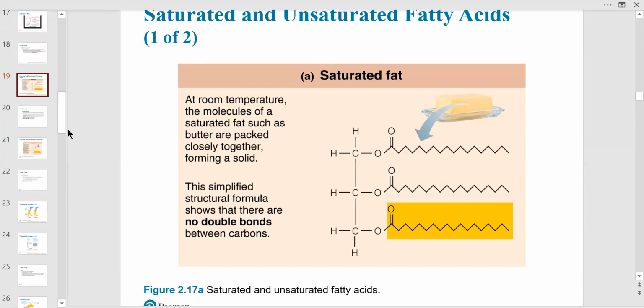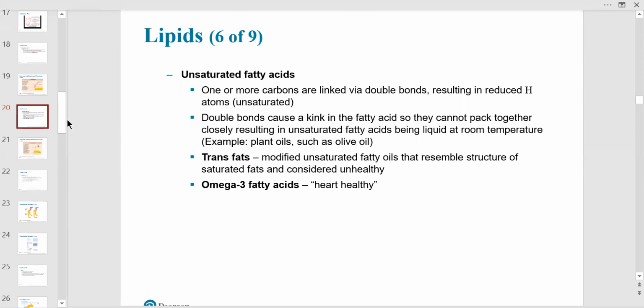Okay, so saturated fats are straight, no double bonds. Now, ignore this oxygen double bond. The double bond would be down with the hydrogens. So don't worry about this right here. This is bad. Unsaturated fats, again, are okay. You have a few double bonds. And you might hear things like omega-3 fatty acid or omega-6 fatty acid.